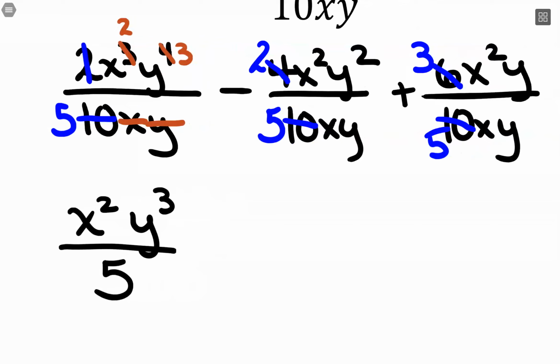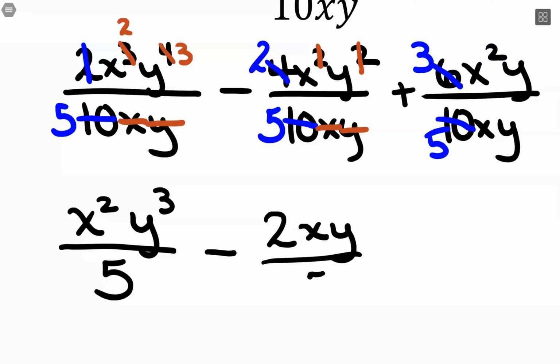For our next term, we have x squared divided by x, so that would leave us with 1x left over. Same thing with y. So in the numerator, we have minus in between them, we have the value of 2, we have 1x and 1y, all over 5.